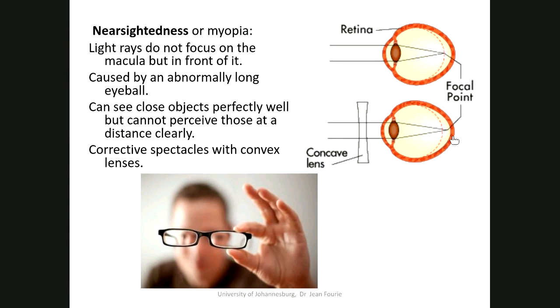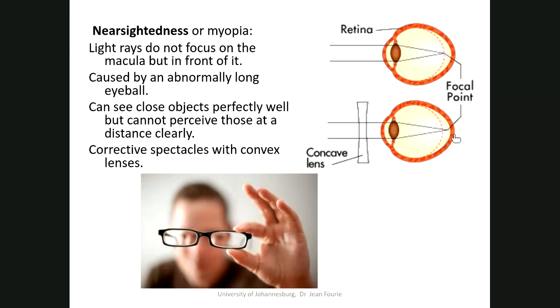So one needs to get spectacles, glasses, and a concave lens, a lens that has that shape, will focus the light further away from where it was focusing, and the light will then focus on the retina properly.